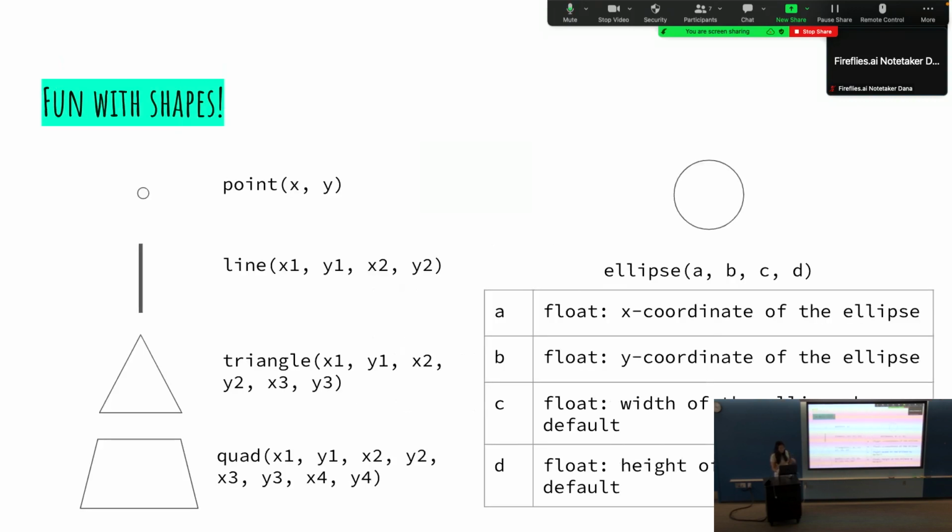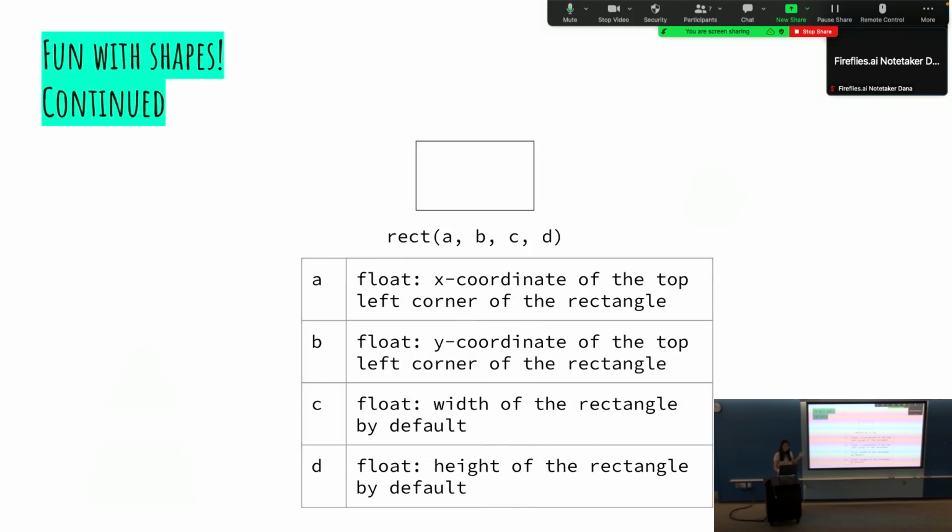You don't have to name every single point for a quad. So here's a rectangle. It's very similar to the ellipse, wherein you have the x, y coordinate of the top left corner of your rectangle, and then you have the width and height of your rectangle.